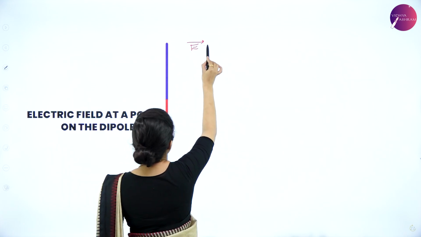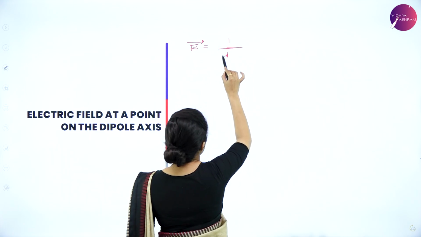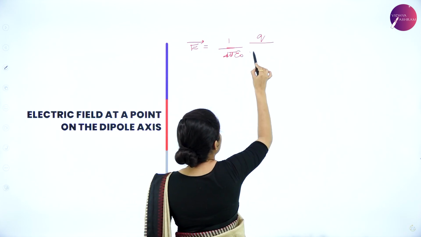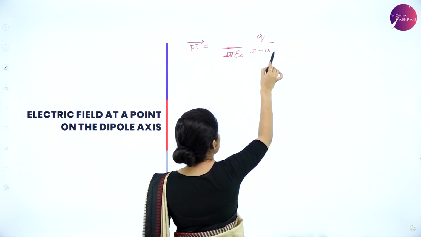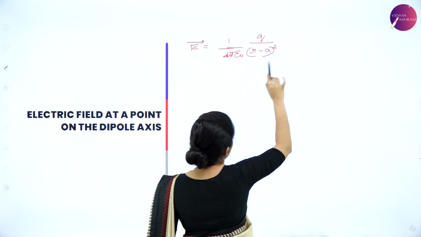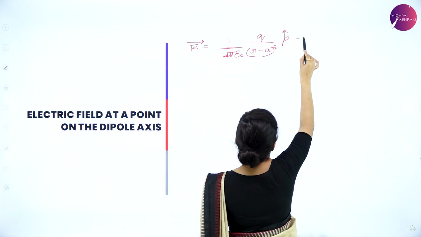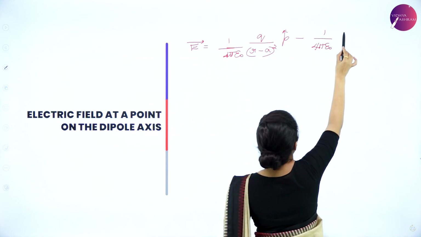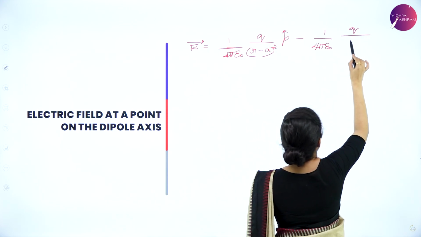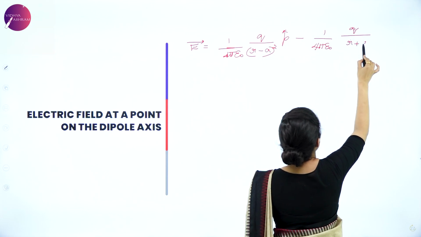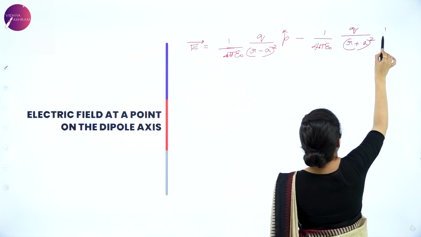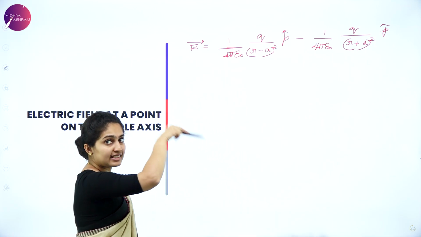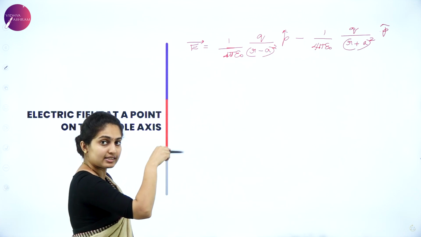Vector E is equal to 1 by 4 pi epsilon naught Q divided by (R minus A) whole square into P cap, minus 1 by 4 pi epsilon naught Q divided by (R plus A) whole square into P cap. P cap along with minus we had seen in a previous formula, that is equation 2.